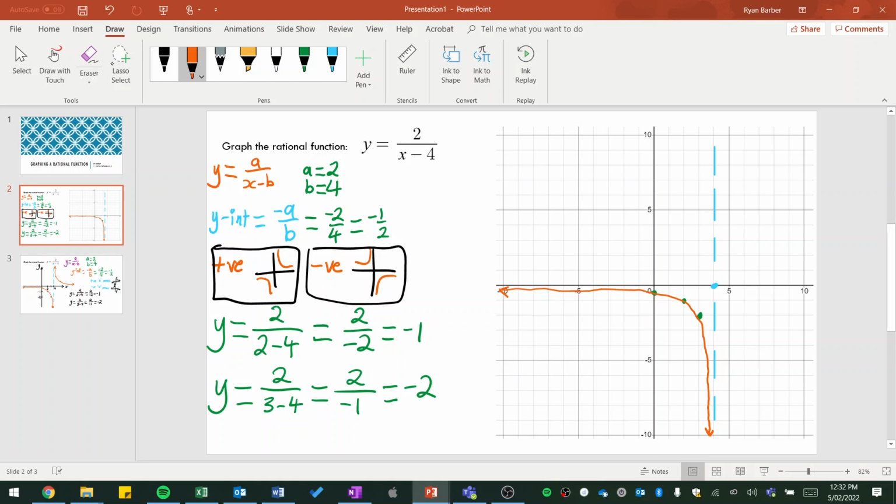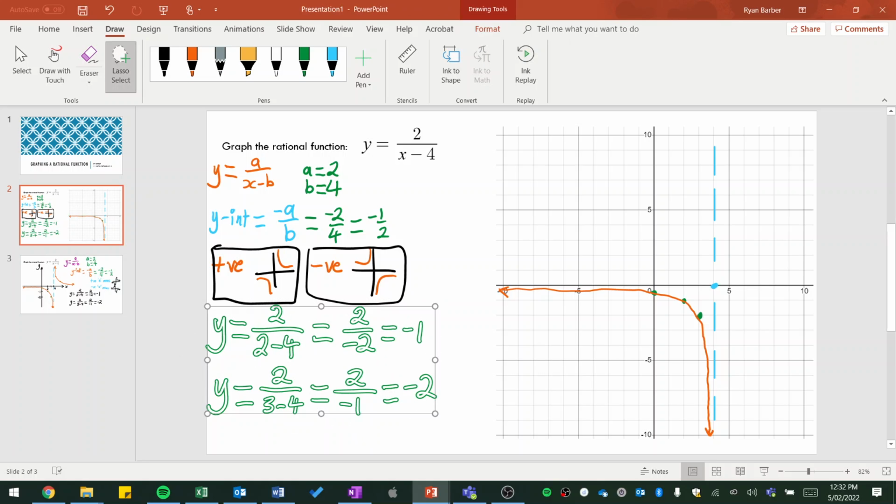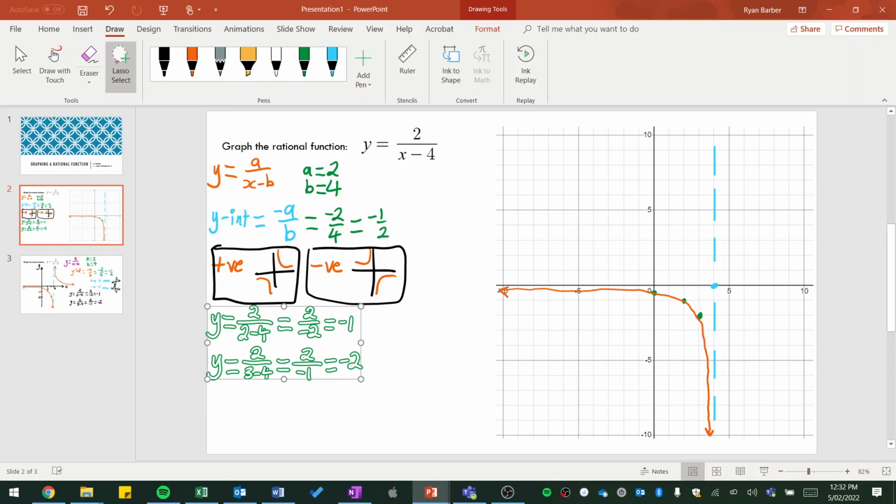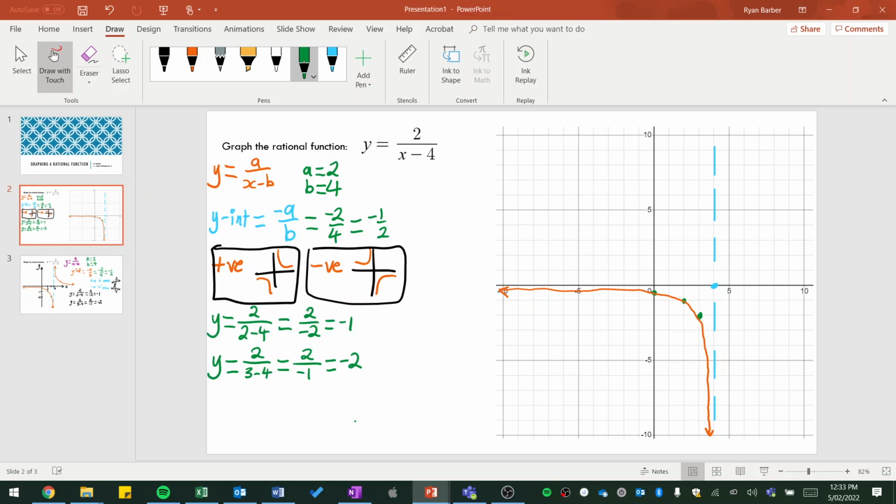To figure out what is happening on the other side of this graph, what you could do is you could do the same thing we've done here, finding the values of y for certain values of x.